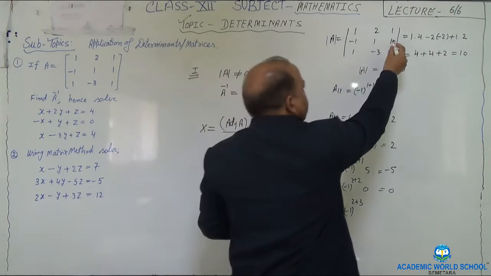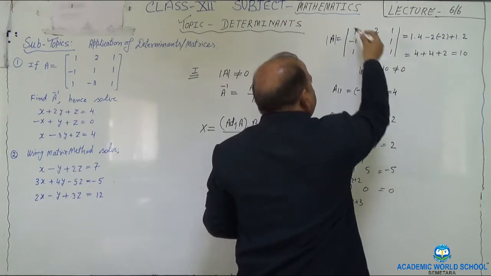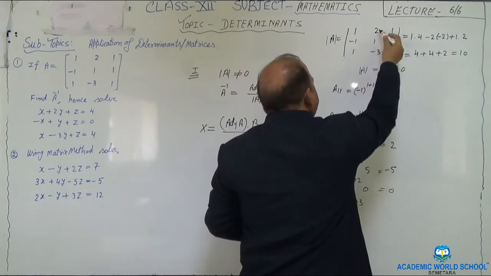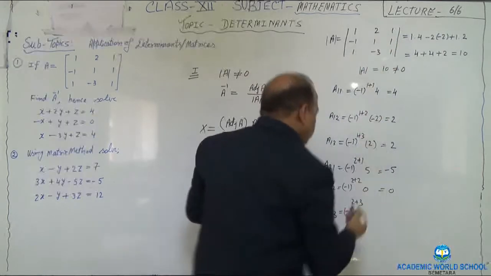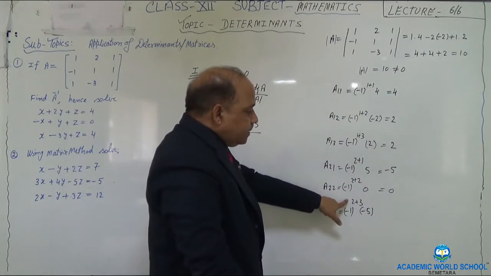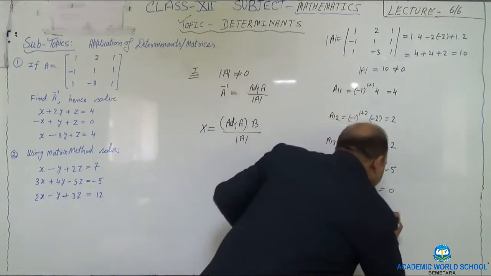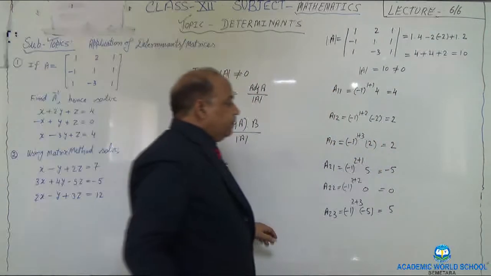Where is A23? This is A23. Leave this part, minus 3, and then this is minus 2. Minus 3, minus 2, it gives you minus 5. The power is odd, therefore this is also minus. Minus minus will become plus. It gives you value 5.